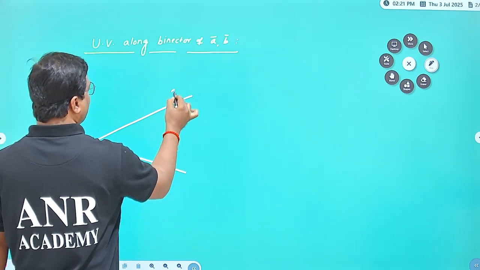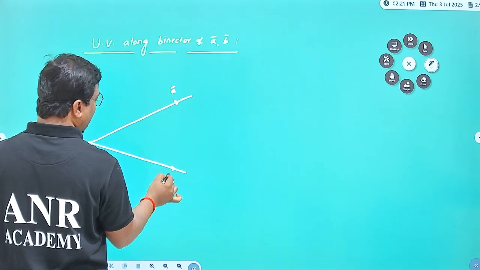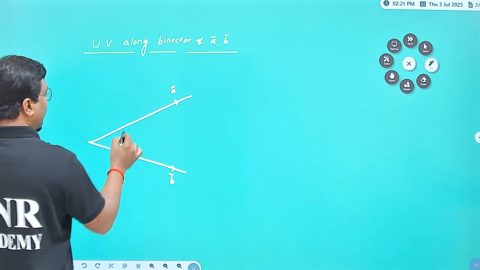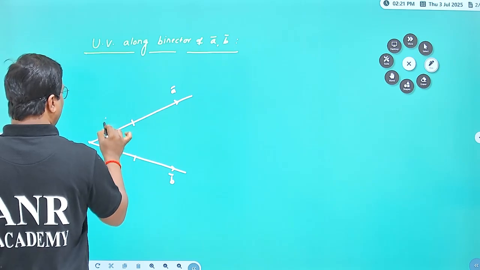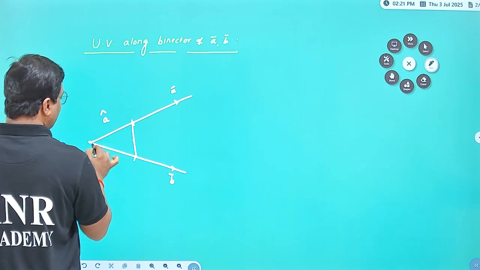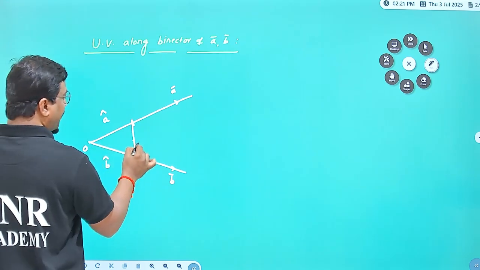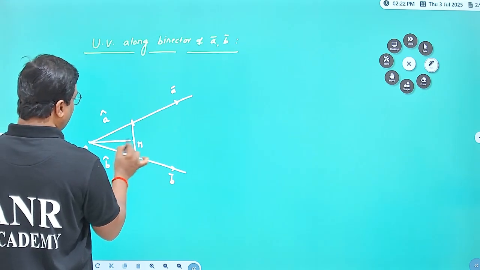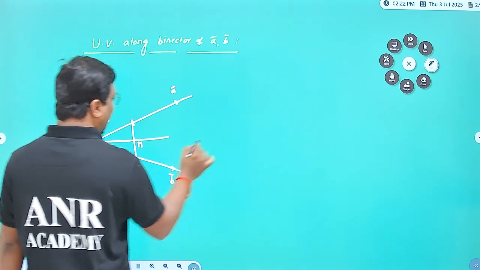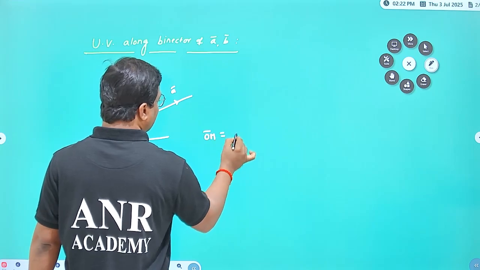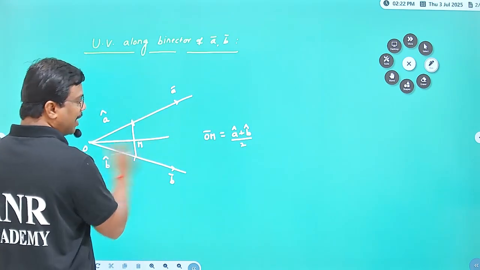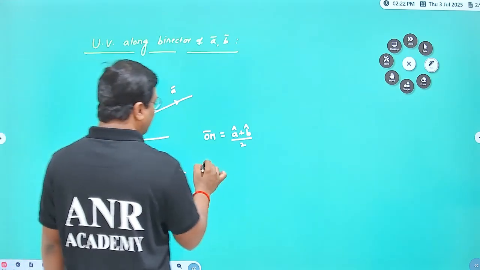If it is a bar and b bar, then to find the bisector, first you have to reduce both a and b to one unit, so a cap, b cap, and clearly suppose the intersection is the origin, and then the bisector must pass through the middle point of this, and clearly the OM vector is the average, a cap plus b cap by 2, and along this direction you have the angle bisector.